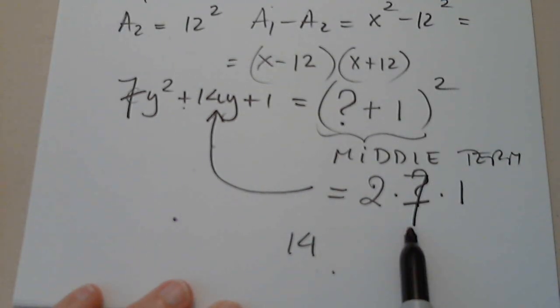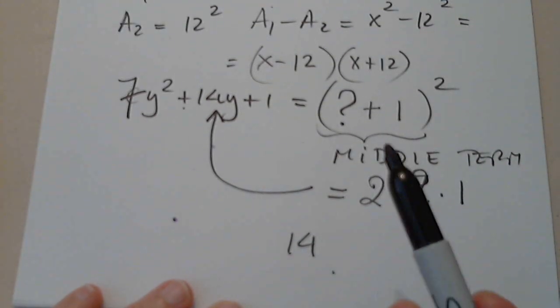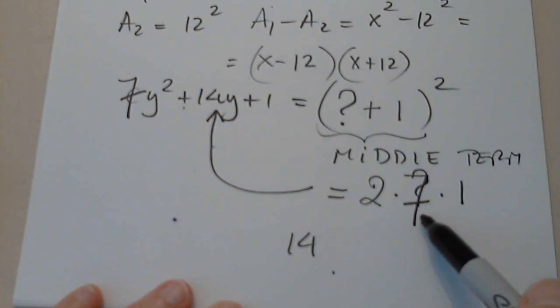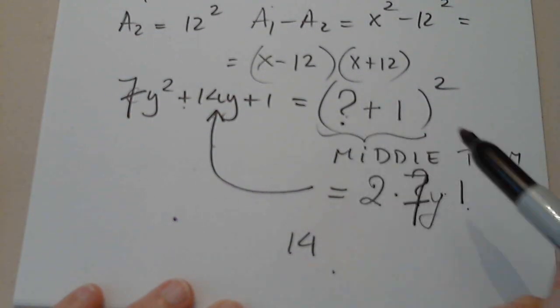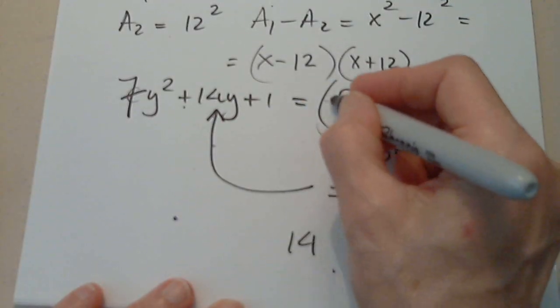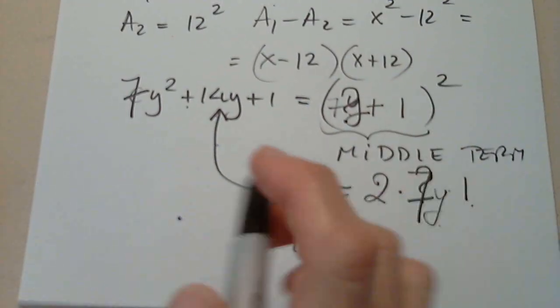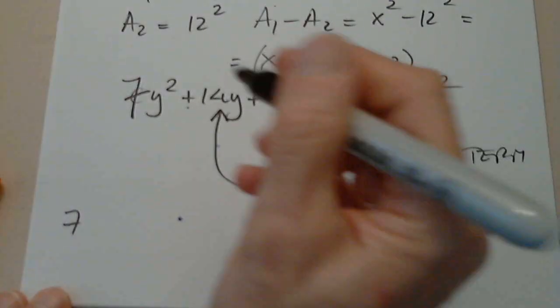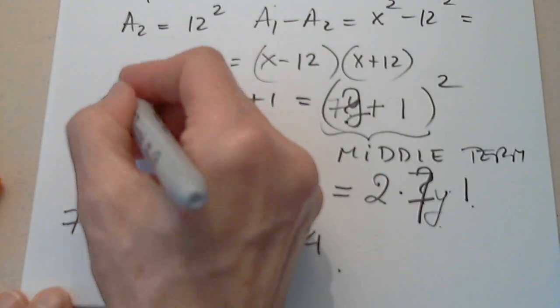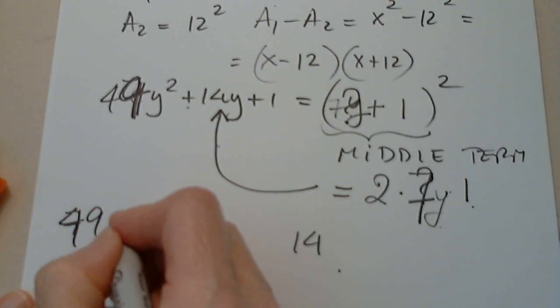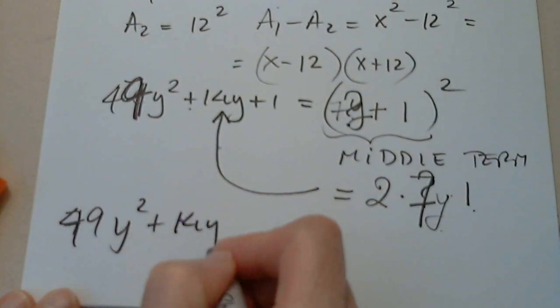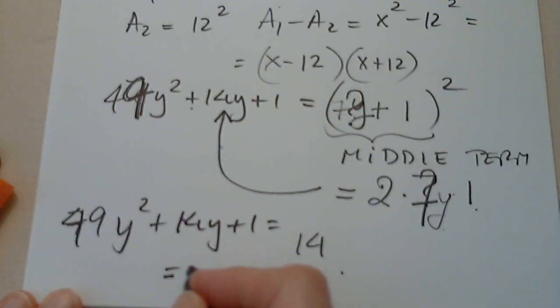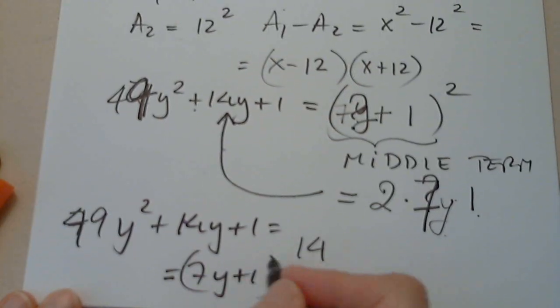Because 2 times 7 times y times 1 is indeed 14y. So this must be 7y. Excellent. So 49y squared plus 14y plus 1 is indeed (7y plus 1) squared.